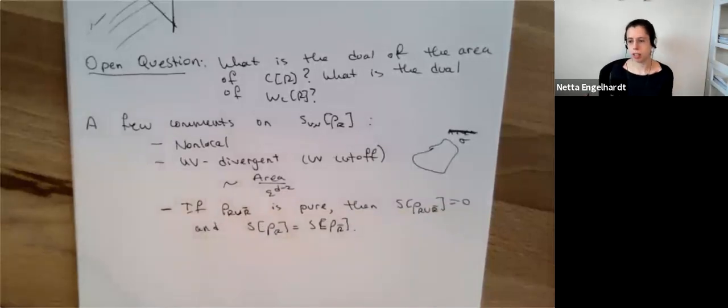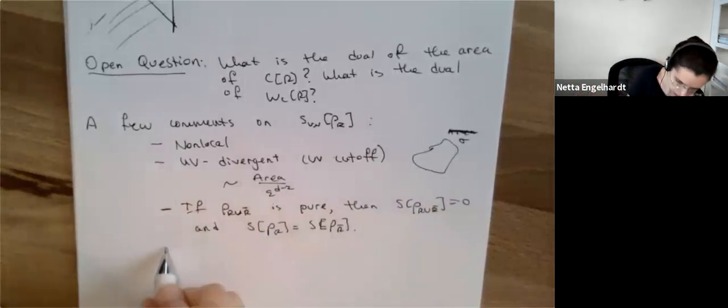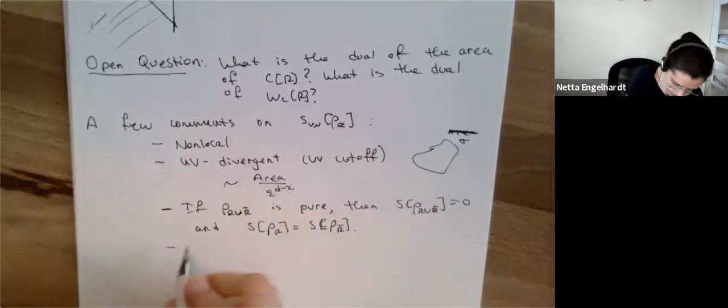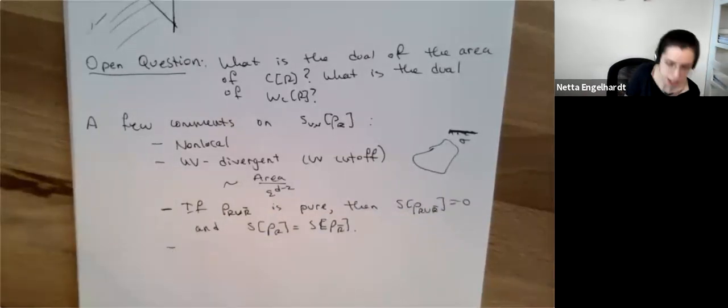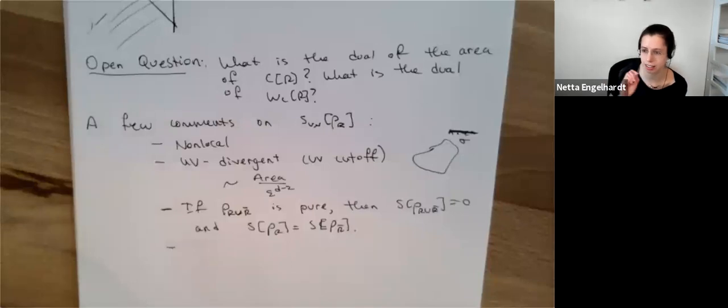So that's only for a pure state. So you have a pure state on the entire Cauchy slice of the asymptotic boundary. And another comment: the von Neumann entropy satisfies strong subadditivity.